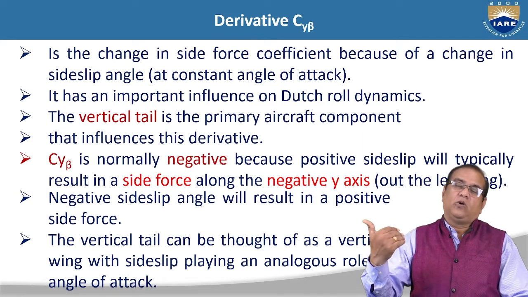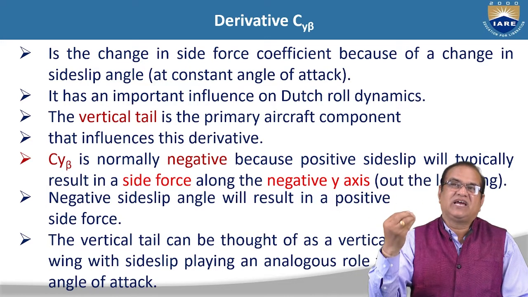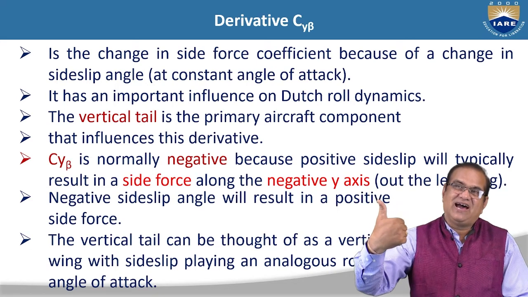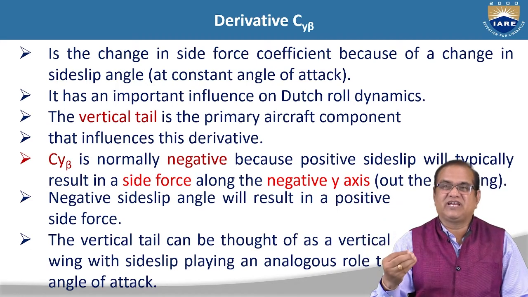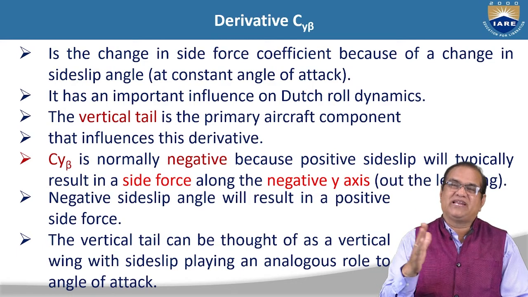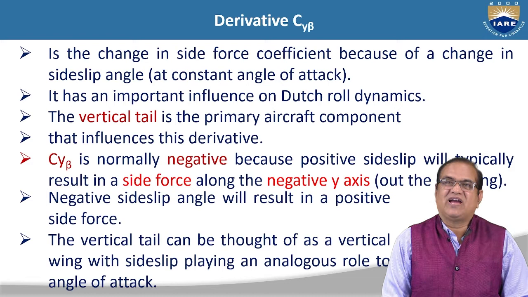Suppose when the side slip angle is 1 degree, you are getting a side force of 1 kg. When your beta, or side slip angle, is 5 degrees, you are getting 2. So how much change? 2 minus 1 divided by 5 minus 1. So this is your derivative, Cy beta.